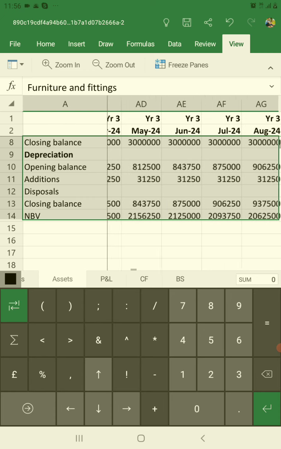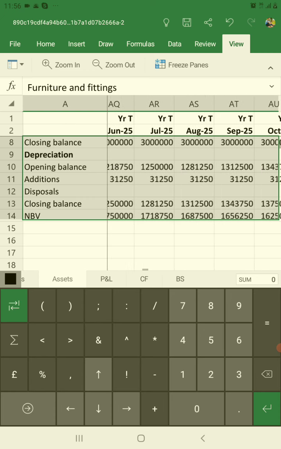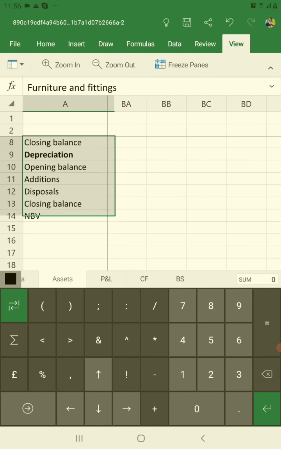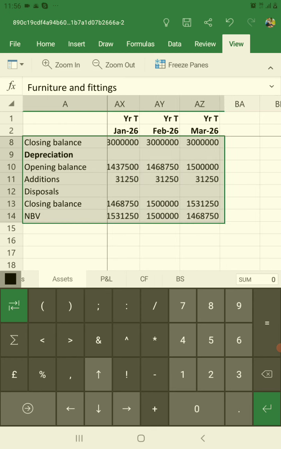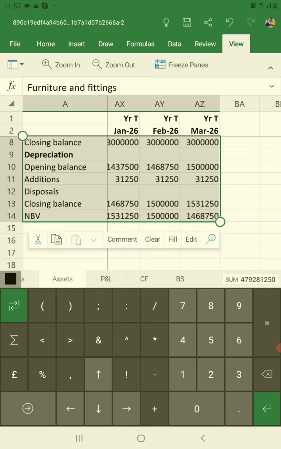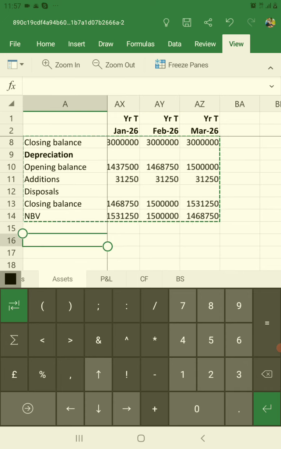Because the structure will also be the same for modeling computers, what I do is simply select all these up to net book value here, and then drag this to the end. I select particulars and all the formulas that have been modeled on furniture and fittings, and then choose copy on the local menu and come down here and paste.